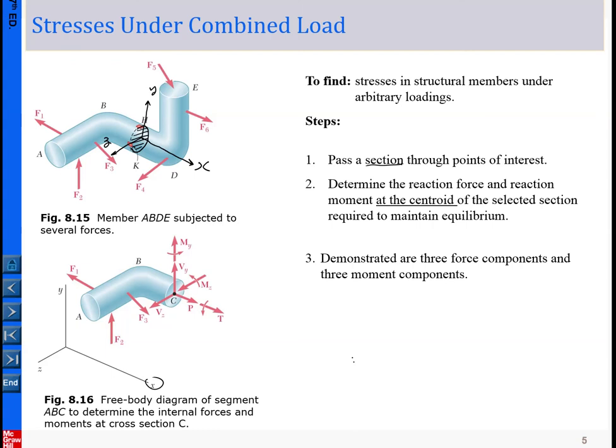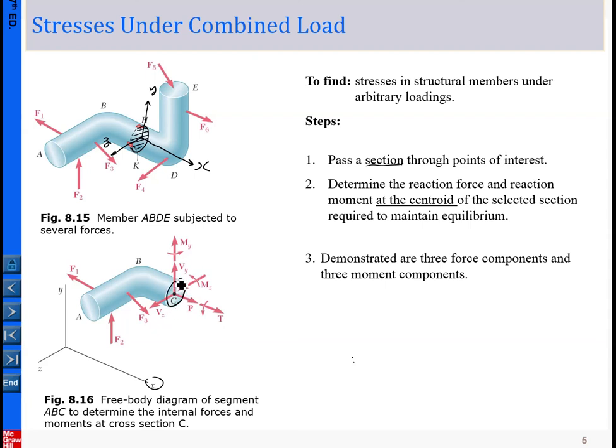Then the third step is, in terms of the selected cross section, to determine the reactions there. The reactions include force components as well as the torque or moment-like components. Here we show schematically, in general, a selected section.